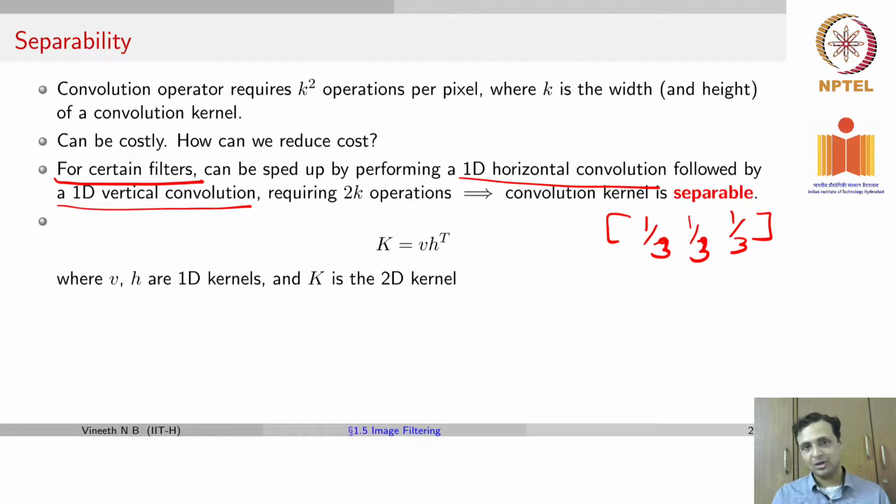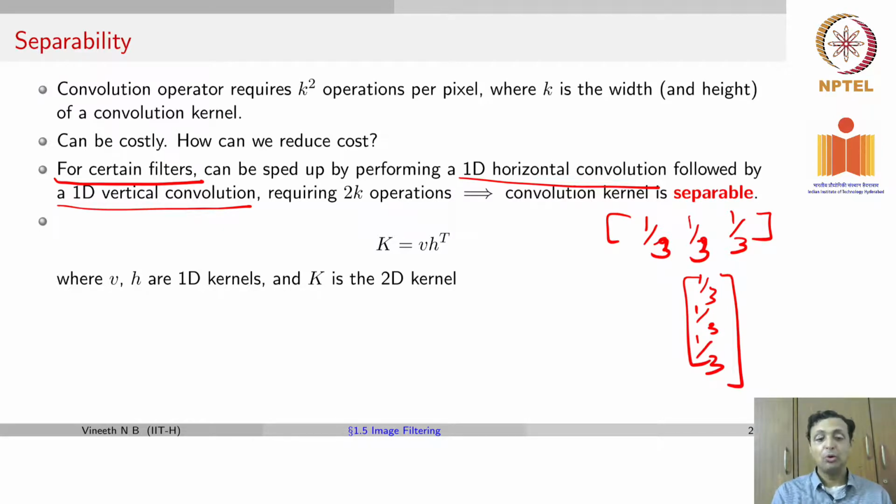What we saw as a block filter or a box filter was 1 by 9s in a 3 cross 3 location. Similarly, a vertical filter would be 1 by 3, 1 by 3, 1 by 3. And we can perform exactly the convolution operation that we discussed. We still have to double flip and then do it only along every row of an image or only along every column of an image.